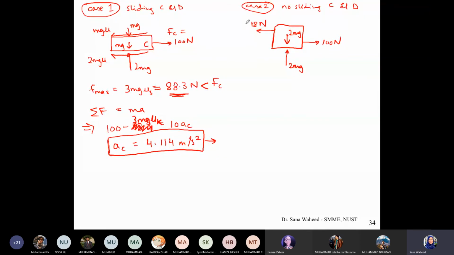Since this 100 newtons is bigger than the one on the left, the frictional force will oppose that and go to the left, and it will be 2 mg mu. All good? Is that all?